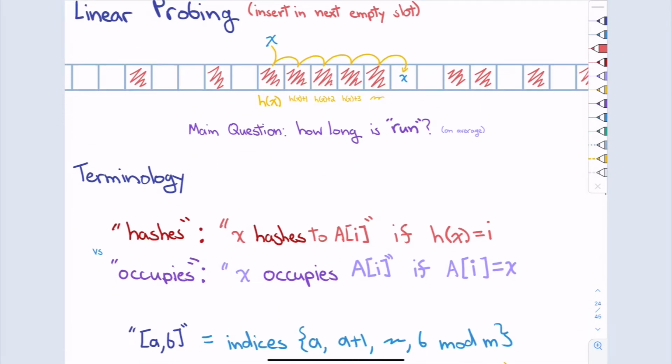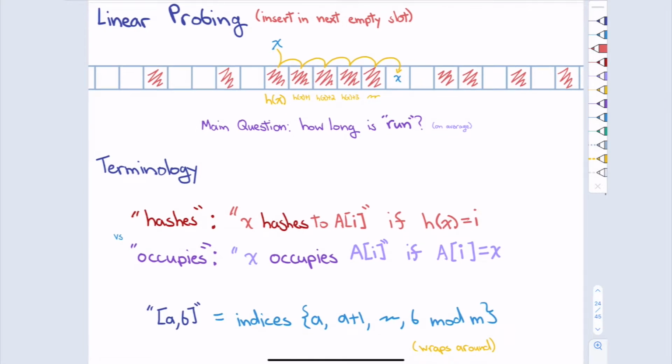Okay, so in analyzing this, it always gets a little bit confusing because elements don't really get placed where they're supposed to get hashed. So I'm going to be careful about the following word usage. I'm going to say that x hashes to a cell A_i if in particular the hash code is i.